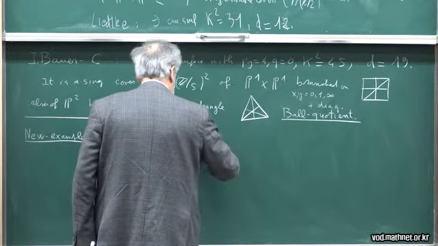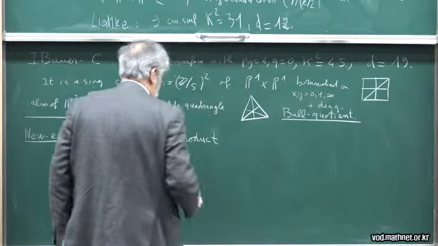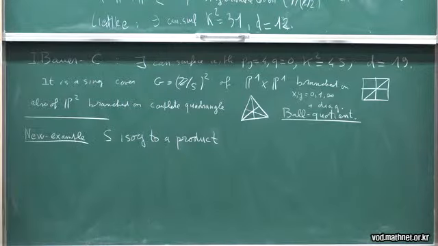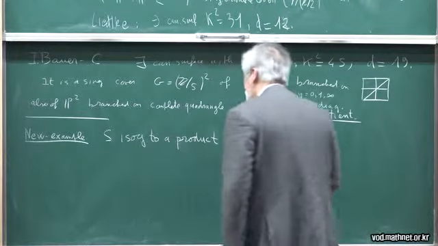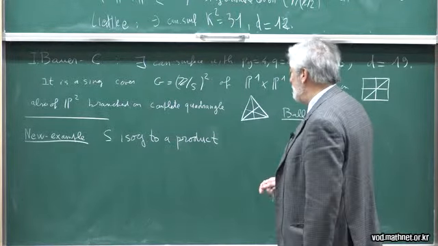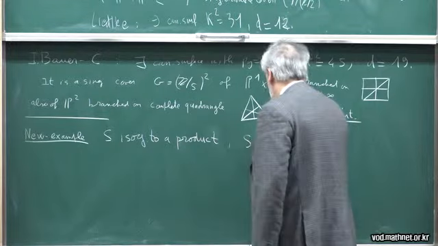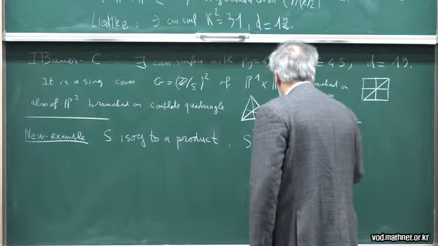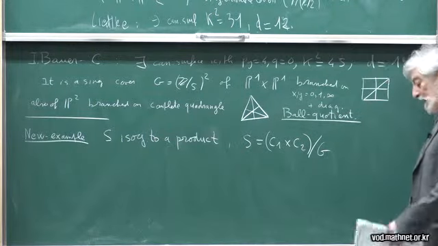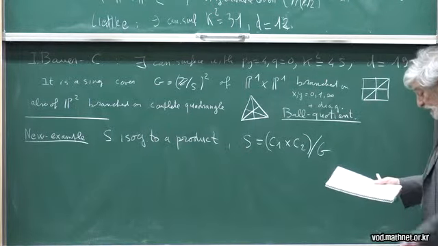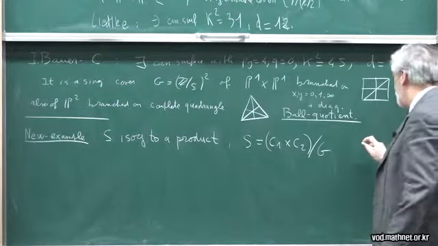In a sense, this is something which, when we have time, maybe some younger people will also be asked to work out in more detail. S isogenous to a product, S is C1 times C2 divided by G, and here G acts freely.